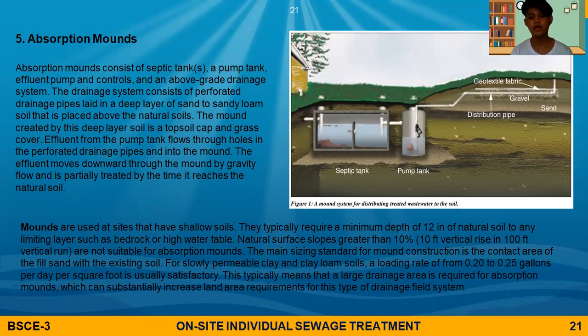They typically require a minimum depth of 12 inches of natural soil to a limiting layer such as bedrock or high water table. Natural surface slopes greater than 10%, that is 10 feet vertical rise per 100 feet horizontal run, are not suitable for absorption mounds. For slowly permeable clay and clay loam soils, a loading rate of 0.20 to 0.25 gallons per day per square foot is usually satisfactory.